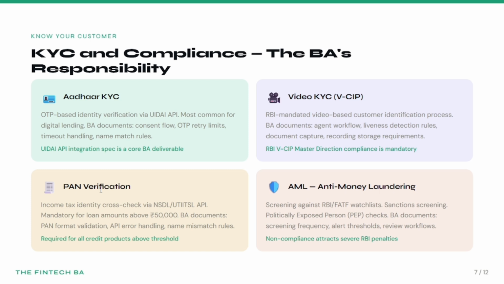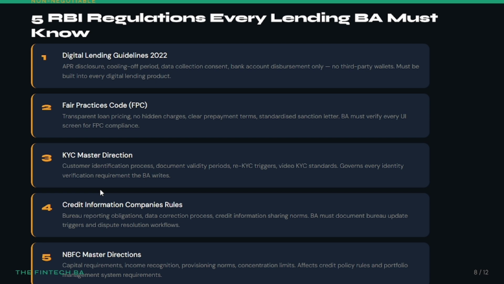These are what I discussed: Aadhaar KYC, video KYC, PAN verification, anti-money laundering concepts. These are the concepts we take care of, and there is something we must understand: RBI regulations that every lending BA must know. The first one is digital lending guidelines.